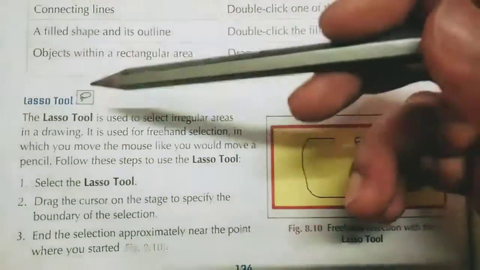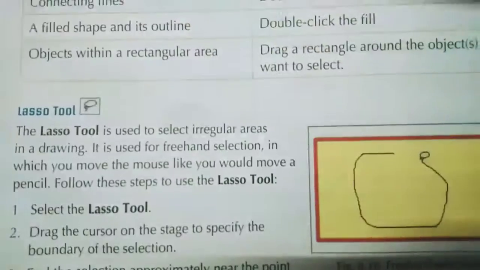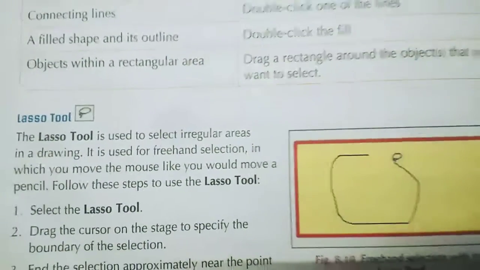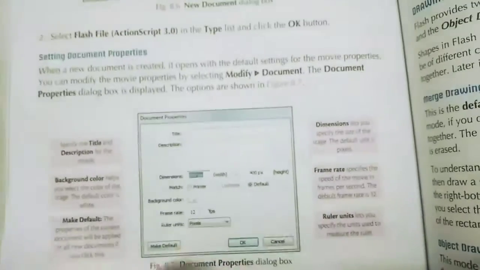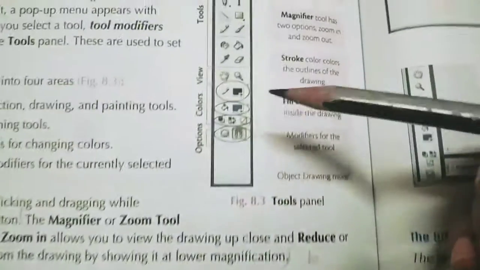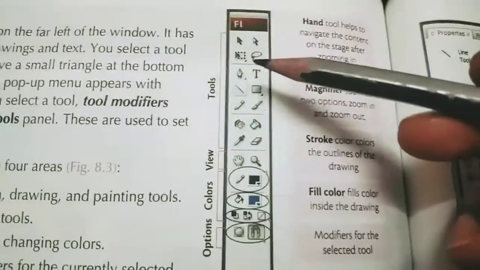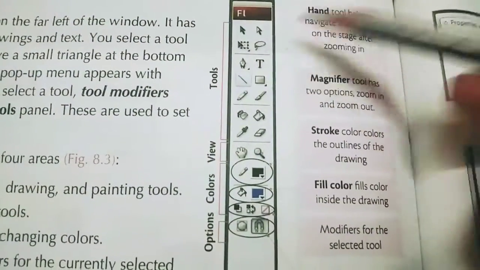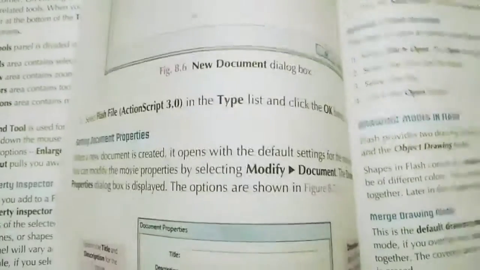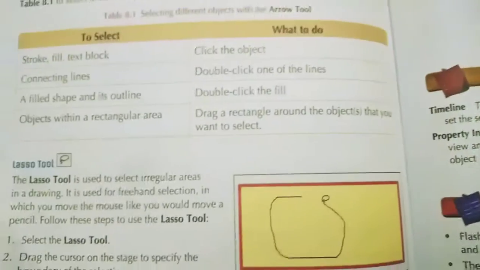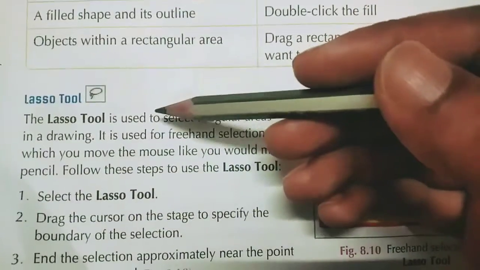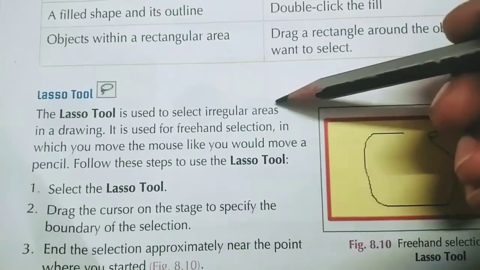Now the lasso tool. You can see this is the symbol of the lasso tool in the tools panel. Here you can see the lasso tool. It's like a rope, a rounded rope. The lasso tool is used to select irregular shapes.